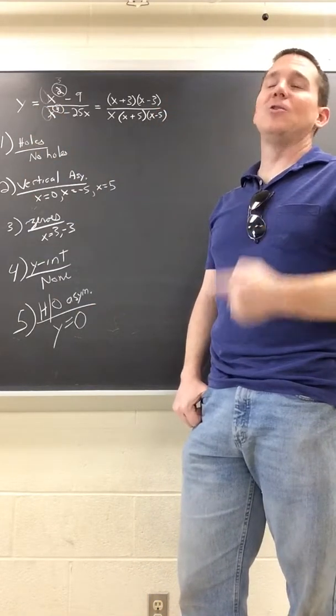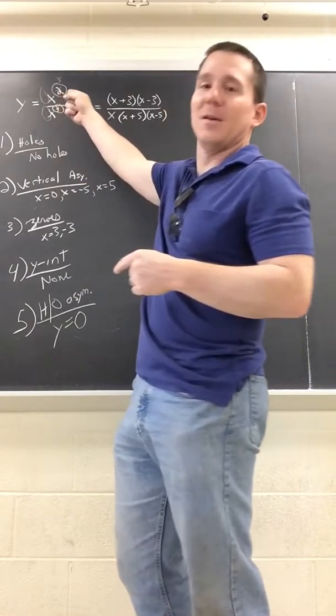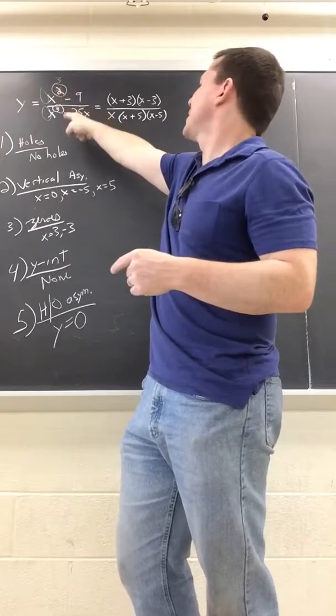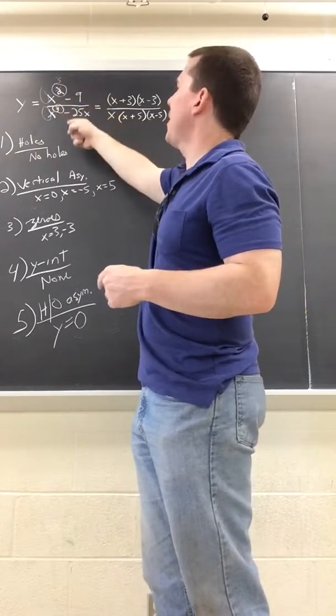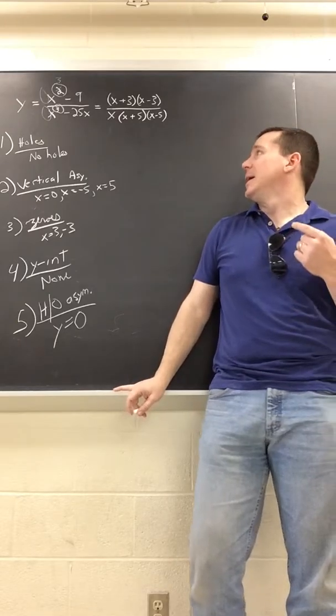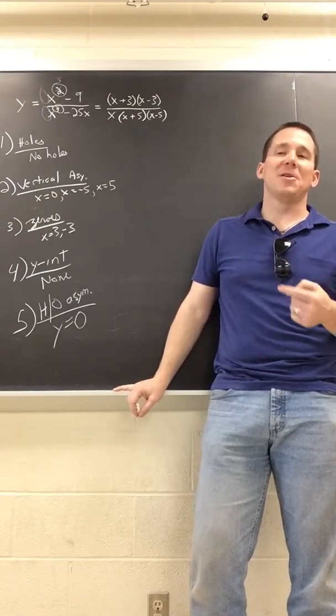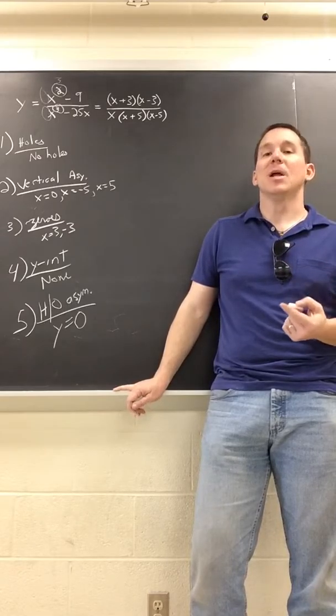If the degree in the numerator is greater than the degree in the denominator, like if this was x to the 4th and that was x cubed, then to find your oblique asymptote, you have to do the long division. Whatever answer you get from your long division is your oblique asymptote.